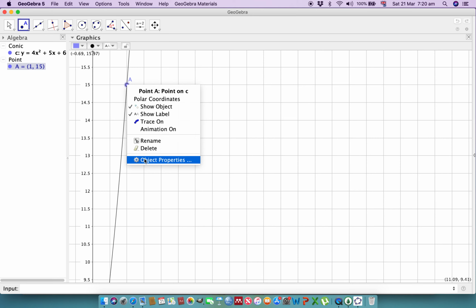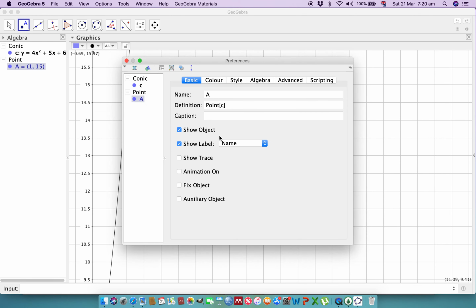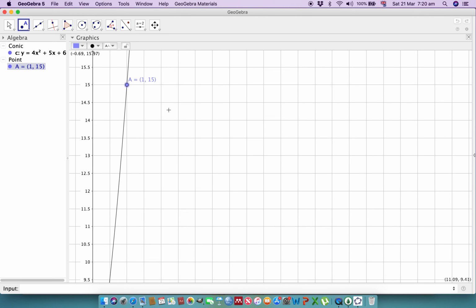This is the point 1 comma 15, which lies on the parabola. Now we have to pass a line y is equal to 13x plus 2 through 1 comma 15.